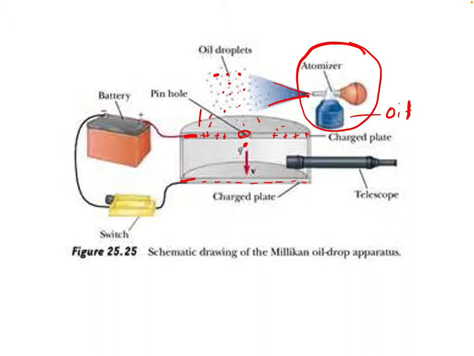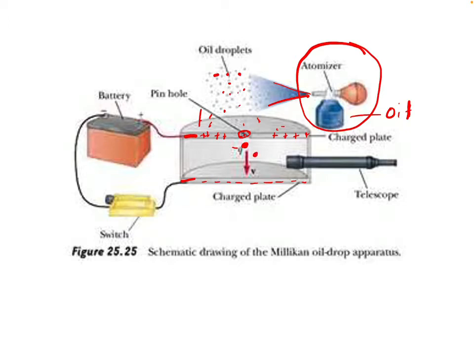And these oil droplets typically had a negative charge. So we usually wanted the top plate to be positive because, based on the charge of the top plate and the charge of the droplet, we can get it to stay still. Why is that important?